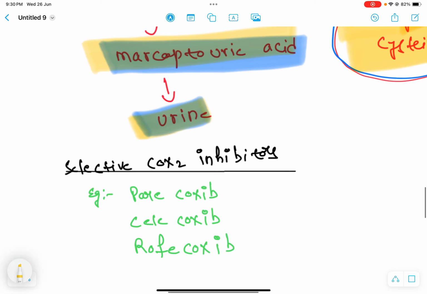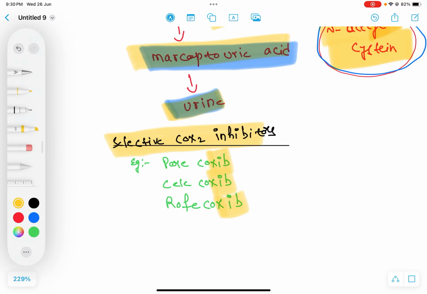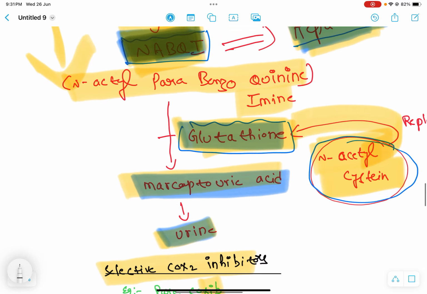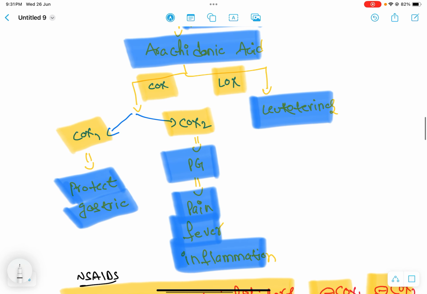Next, there are selective COX-2 inhibitors. They end with the word XIB. Now we know that painkillers cause gas problems, that is gastritis or peptic ulcer disease. But why? Suppose we are using a non-selective COX inhibitor, that is it will inactivate both COX-1 and COX-2.